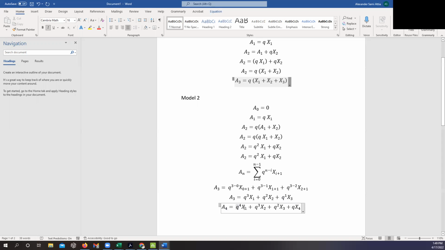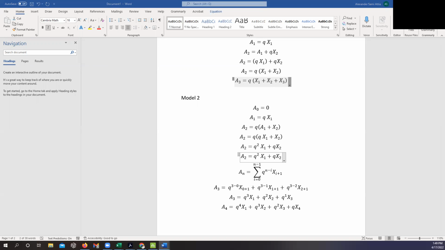In A4, X1 now gets 4 effects of Q, X2 gets 3 times the effect of Q, X3 gets Q squared, 2 times, and X4 gets once. Again, just like your hoodie. Go back here. I wash the hoodie twice, so it's getting 2Q. And I wash the sweater once, so it's getting 1Q.